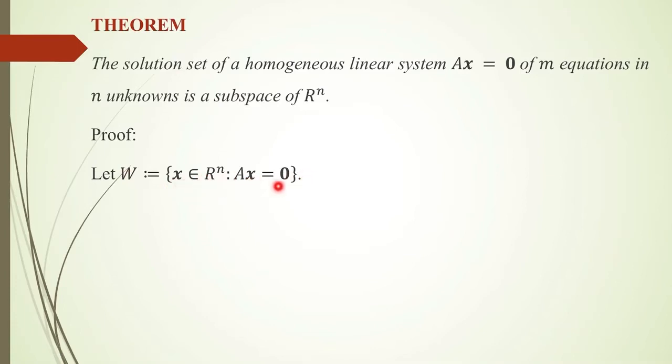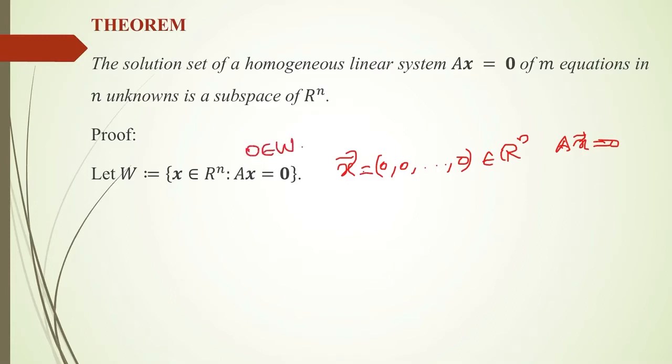That means we are considering every solution of the given system. One thing is sure, if I take x equal to 0, 0, ..., 0, n times, this is an element of Rn, and surely Ax will be 0. So at least the zero vector is in W.